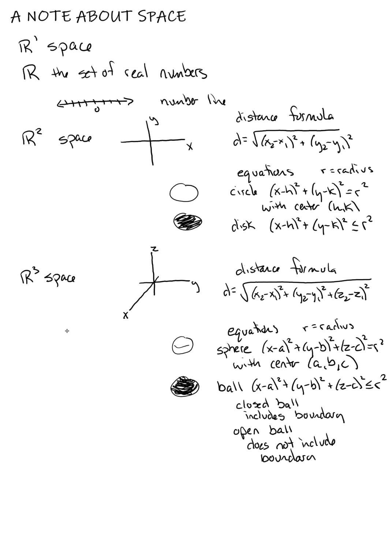So you can think of an open ball sort of like an orange without the peeling. The orange itself is the ball. It would be a closed ball. If you peel off that outer boundary, that skin, then you've got an open ball.